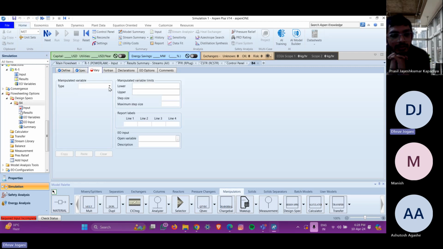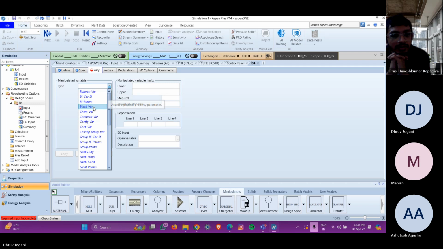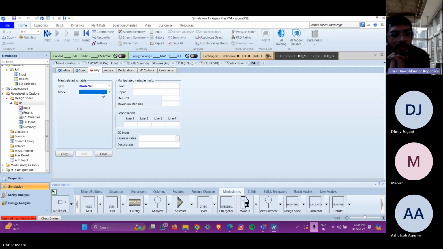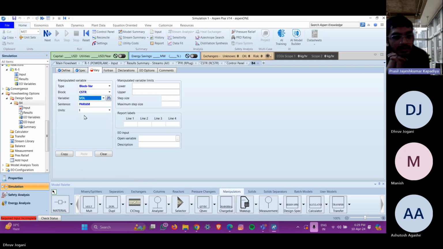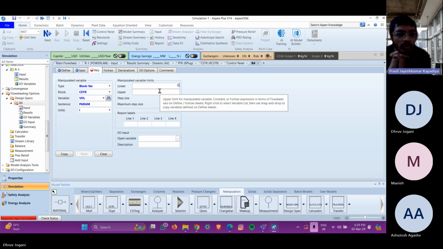Block variable. Sir, the length of the existing CSTR or diameter? I guess we will directly have the option of volume for the CSTR. Can you change the unit to cubic meter?